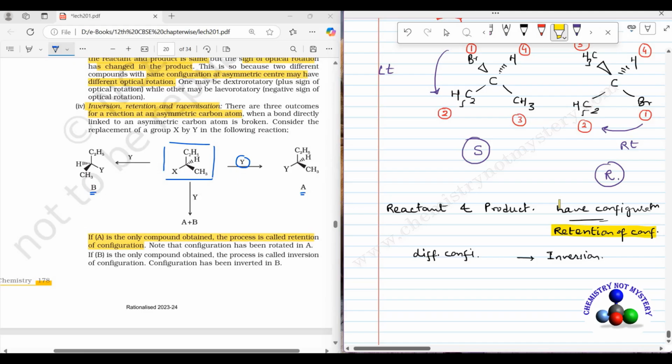If they have different configuration, the reaction will take place by the inversion of configuration, meaning R becomes S or S becomes R. While in case of retention, S will remain S and R will remain R. So in case of retention, if the configuration of the reactant is R, in the product it will remain R. While in case of inversion, if the reactant configuration is R, in the product the configuration changes to S. That's why it is called the inversion of configuration.